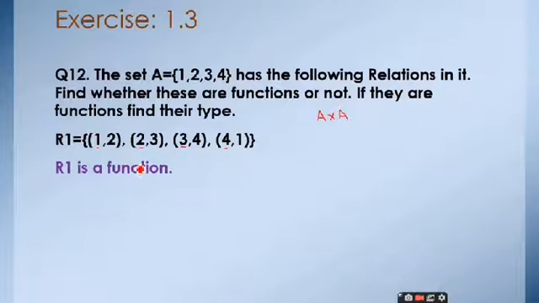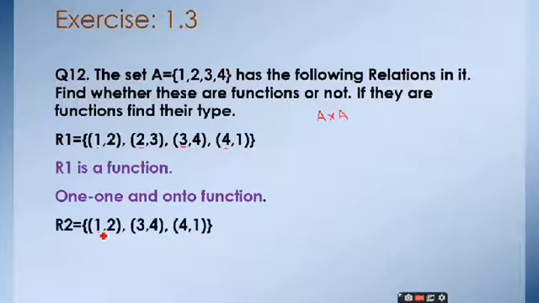And if we see one to one function, according to it, the distinct elements of set A are associated with the distinct elements of set B, and as you can see, the distinct elements of set A are associated with the distinct elements of set B. So this is a one to one and onto function.